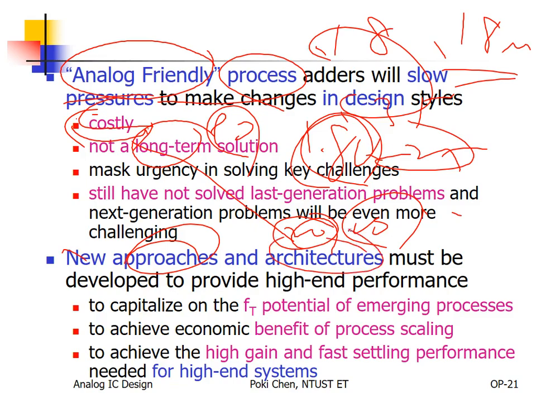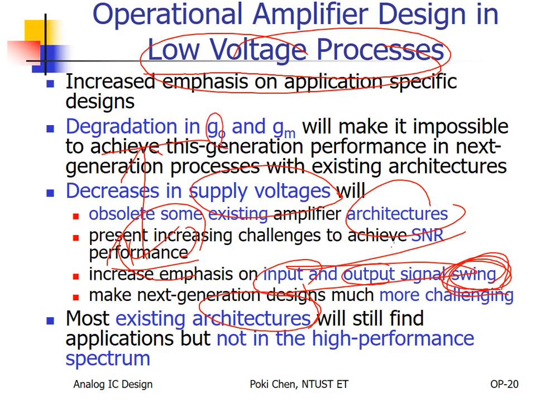Hopefully we can take advantage of the new processes. For example, the unit gain frequency is much higher than before. Okay, new processes, right? So you can see the MOSFET can operate much faster than before. But I told you already, according to GO, much larger GO, they can operate very fast.